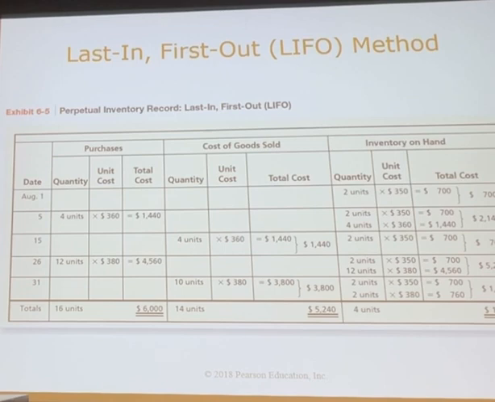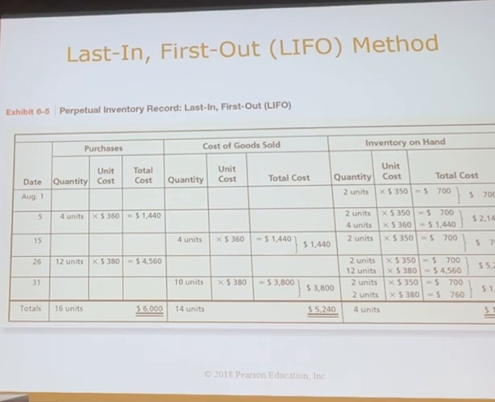When we sell 4 units on August 15th, now, instead of assuming that we sell the oldest units, we assume that we sell the newest units. Therefore, all 4 units that we sell on August 15th are going to be ones that we paid $360 for most recently. And therefore, what will be left in our ending inventory on August 15th will be those 2 units that were in our beginning inventory that we paid $350 each for.